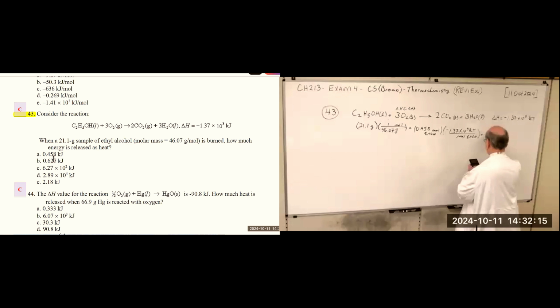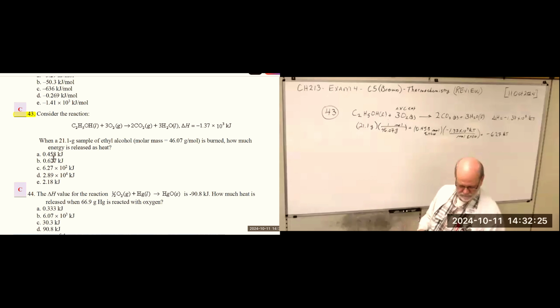And I get minus 627 kilojoules. C, 6.27 times 10 to the second.